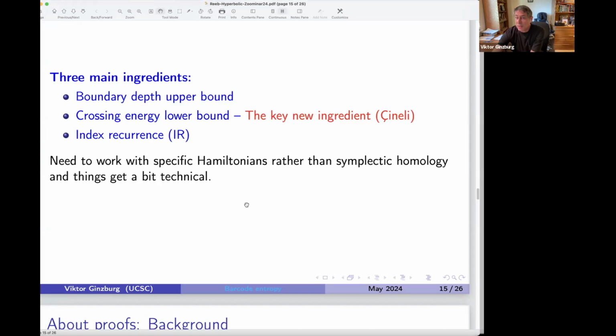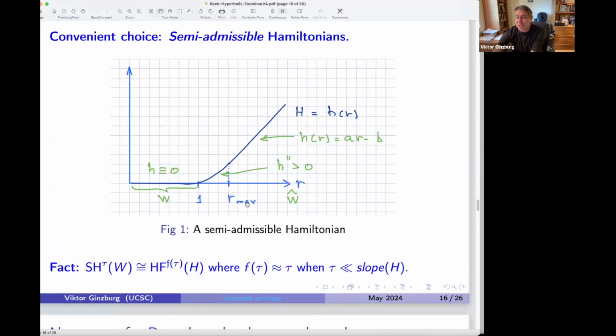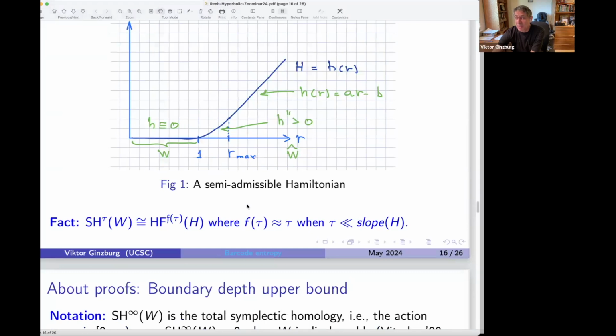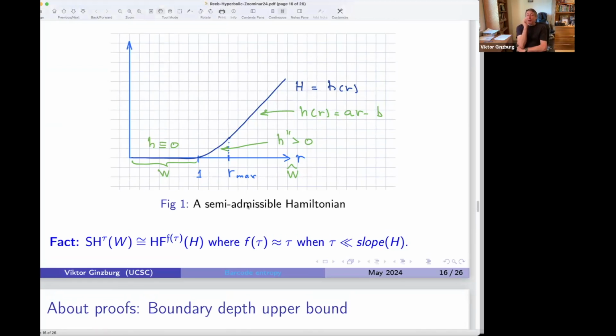Let's look at the equivariant symplectic homology, not positive, but the total range from 0 to infinity, as a persistence module. The global homology is still 0 by the spectral sequence.